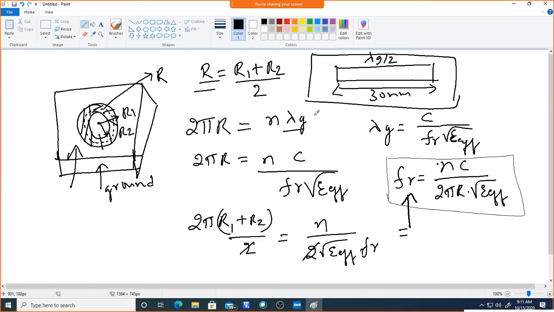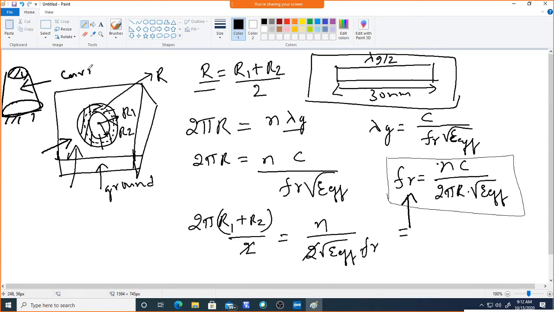So now how to analyze this one? For this microstrip ring resonator, you need to use the cavity model. If you use the cavity model, then you can find out the electric and magnetic field. If you take the top portion as the conductor, and the bottom portion is a ground plane, this model will look like a cavity model.